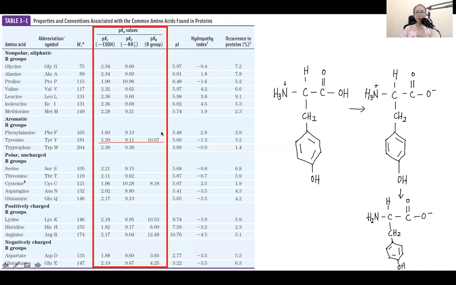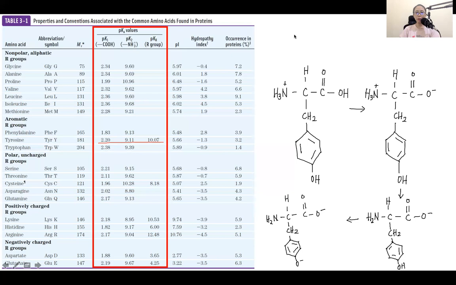So the pK for this is 10.07, which means if we reach a pH equal to 10.07, half of the molecules in our system will have this structure, while the other half will have a deprotonated side chain. So instead of an OH group, what we see is just O minus. So this is how you interpret your pK values for amino acids.